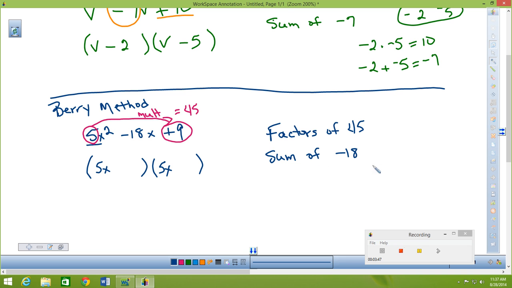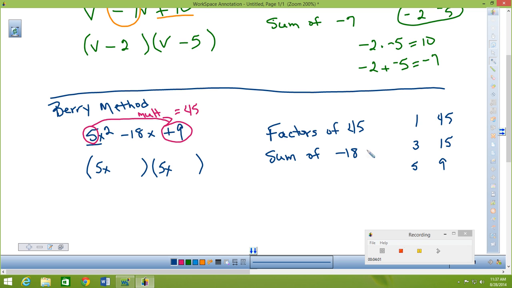So factors of 45. 1 times 45. 3 times 15 is 45. 5 times 9. There's my factors of 45. As I look at these pairs, I want the ones that are somehow going to give me a combination of 18. Well, I see right here that 3 plus 15 is 18.